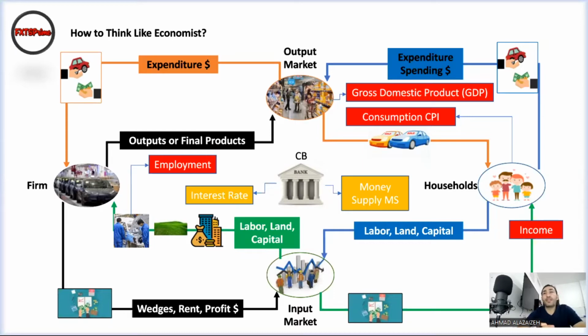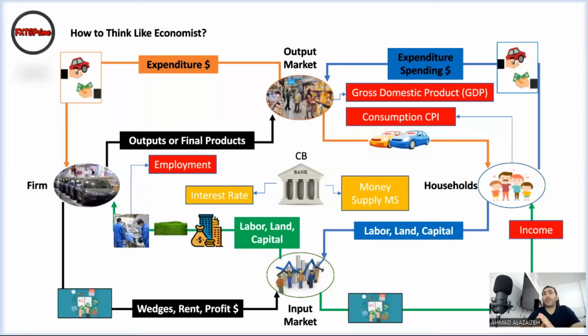And within this cycle, we can measure the employment of the household, the consumption of the household, the gross domestic product, and also the income. So we said that the household is a group of people living under one shelter or under one house.